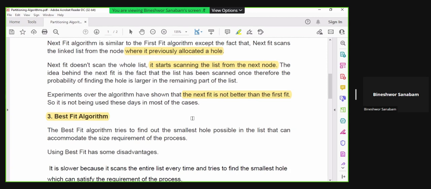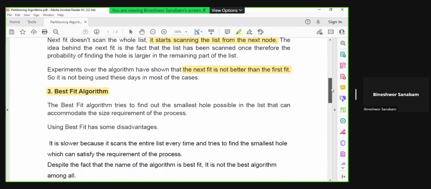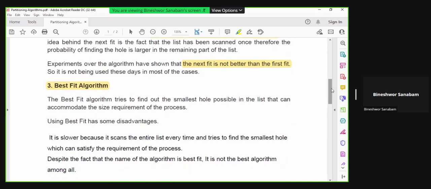Even though the name is best fit, it doesn't always give the best results. A few disadvantages: best fit is a slower algorithm, as it scans the entire list every time and tries to find the smallest hole which can satisfy the requirement of the process.